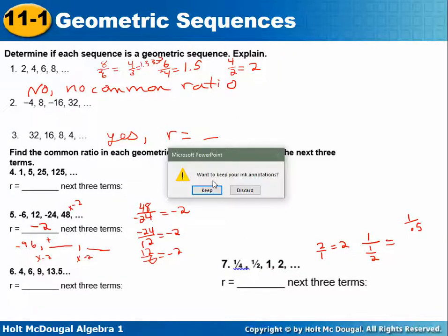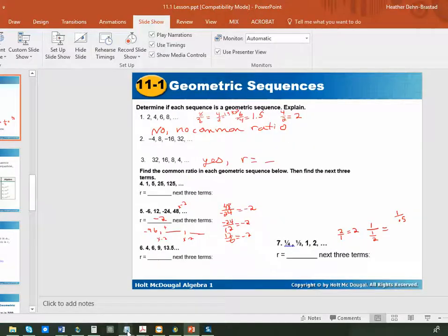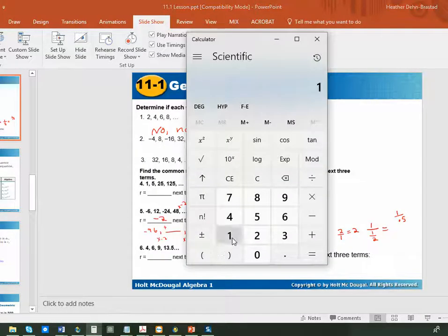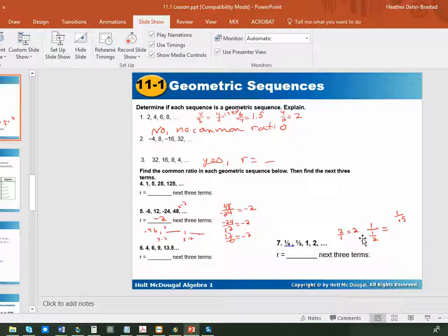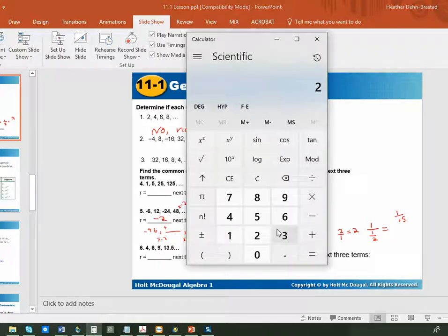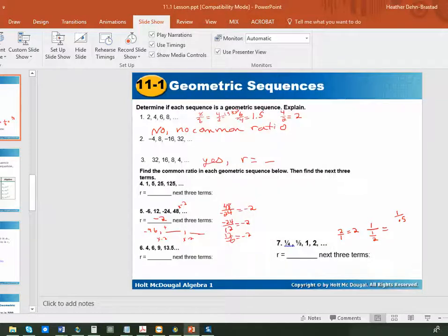And then we can check this on a calculator. 1 divided by 0.5 is indeed 2. And then we can check, is 1/2 divided by 1/4? 1/2 is the same as 0.5, and 1/4 is the same as 0.25. Is that equal to 2? It is. So we do have a common ratio, and our common ratio is 2.